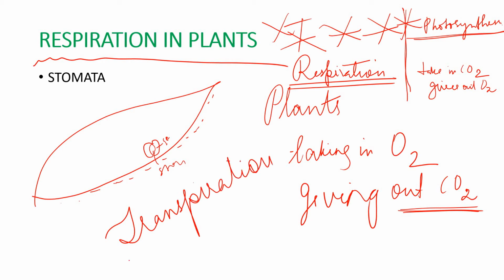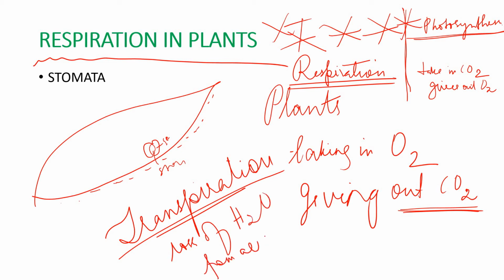What is transpiration? That is loss of water from the aerial parts of the plant, like leaves. When leaves lose water, that is known as transpiration. So all this takes place through stomata.